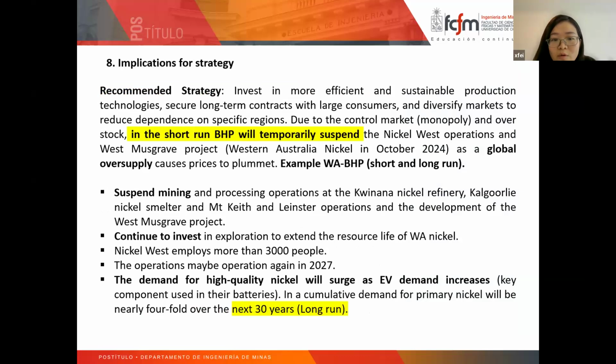The demand for high-quality nickel is expected to surge, and the demand for electric vehicles to increase. Over the next 30 years, the demand for primary nickel is projected to be nearly 4 times what it is now. That's all. Thank you. Next, please.